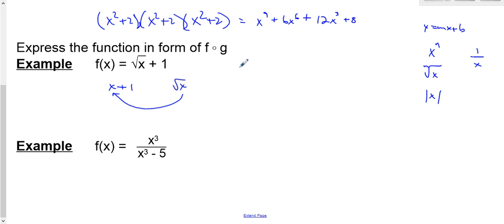So we could say that f of x is x plus 1, since g is what goes into f. Because if we think about how this is written, it's f of g of x. And so the function g is what is going into f. So this is f and this is g. So g is going into f. So if f of x is x plus 1, then g of x is the square root of x. Okay?